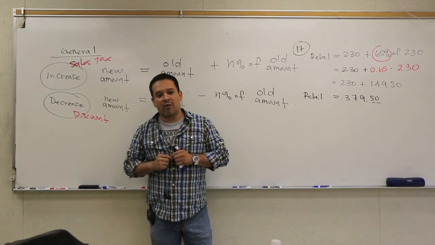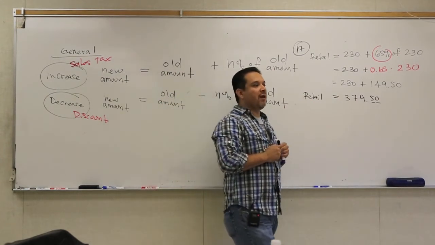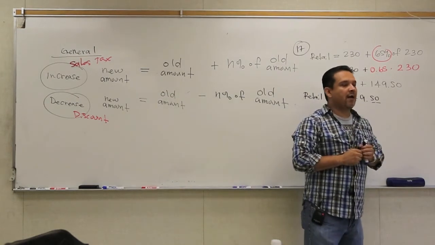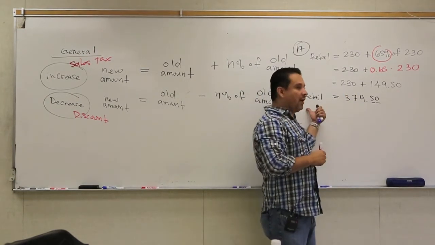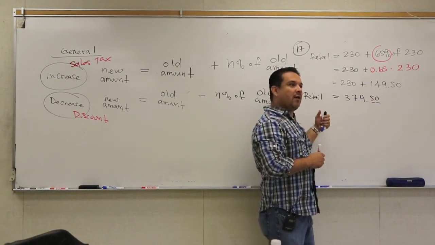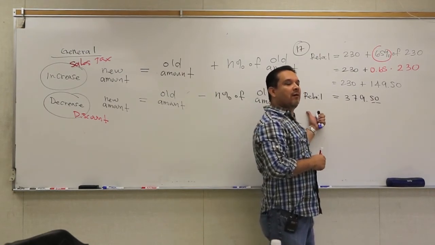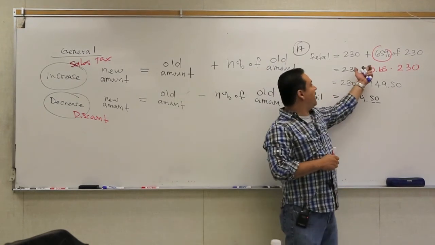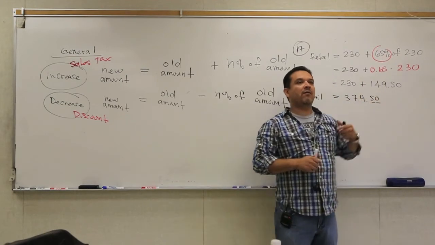What's the story though? How do you guys remember this story? What do you never do? Never buy what? Retail. You guys ever hear that story? Never buy retail, because that retail includes a markup. A percent of, what's wholesale?